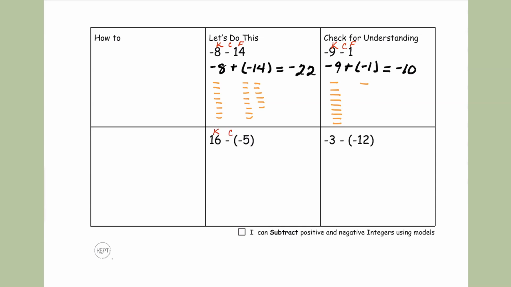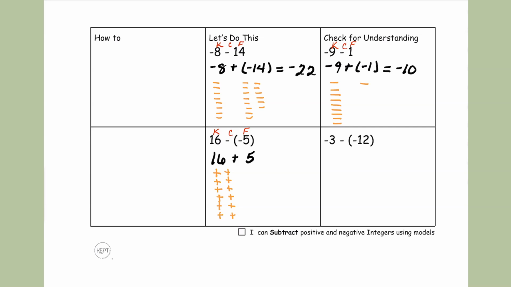Next problem up, 16 minus -5. We're going to jump right in with keep, change, flip. We keep our 16, change the subtraction to an addition, and flip that 5 from a negative to a positive. So now when we draw that out, the first thing we do is draw 16 positive markers.